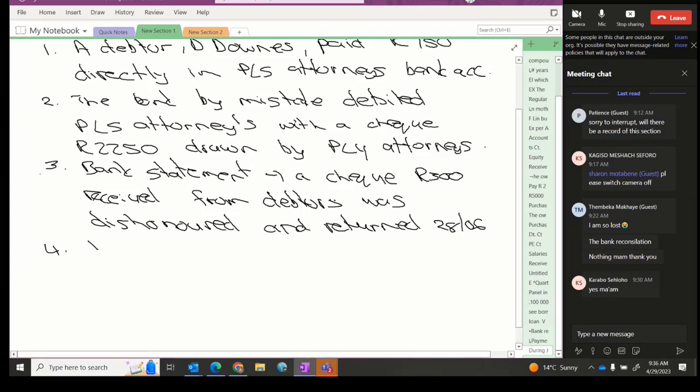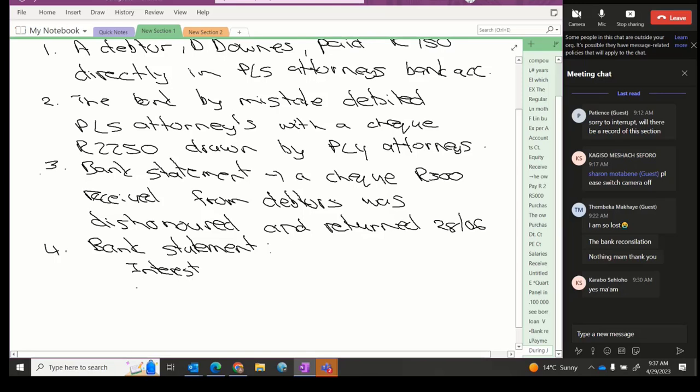Then this is a favorite one that's always there. In the bank statement, you see that the bank likes to charge you without you knowing it. They already took off their bank charges, so that's usually not in your books and you have to put it there.